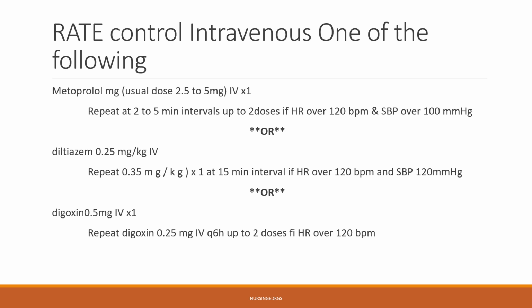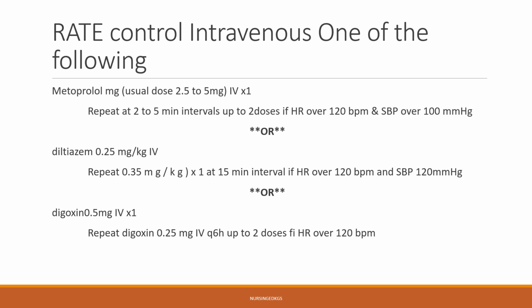atrioventricular node. Digoxin, in terms of it having a positive inotropic effect, increases the strength of cardiac muscle contractions by increasing intracellular calcium levels. It has negative chronotropic effect, meaning that it can slow the heart rate down by enhancing vagal tone and reducing conduction through the atrioventricular node.